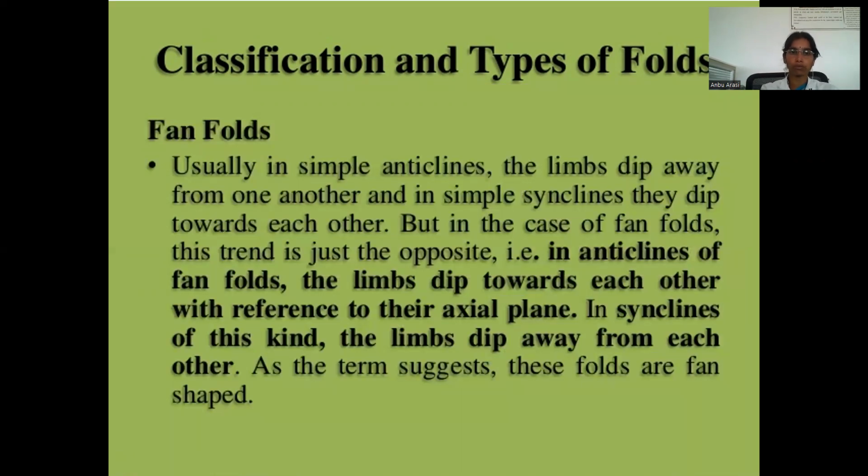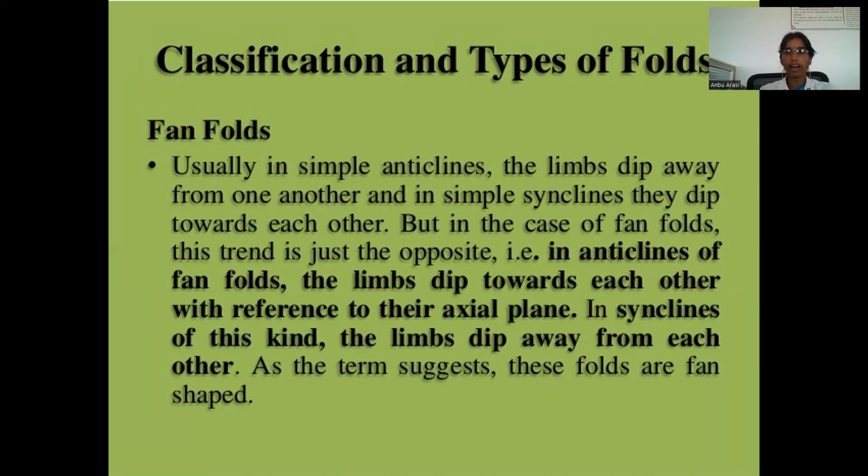Next, fan fold. Usually in simple anticlines, the limbs dip away from one another, and in simple synclines, they dip towards each other. But in the case of fan folds, this trend is just the opposite.